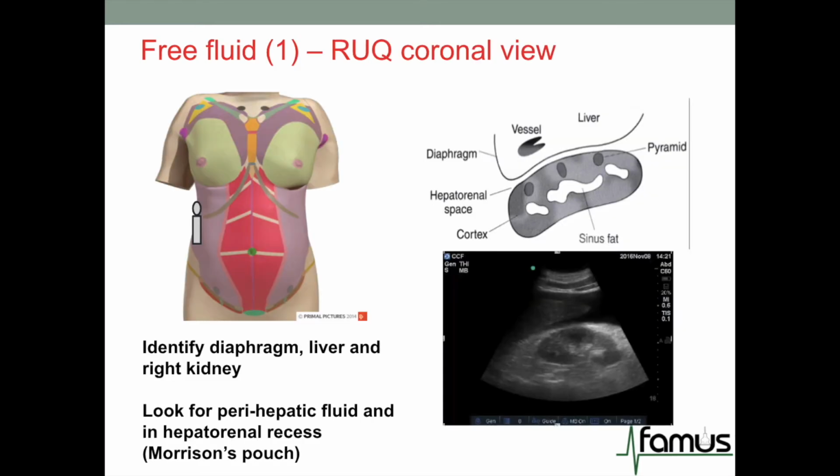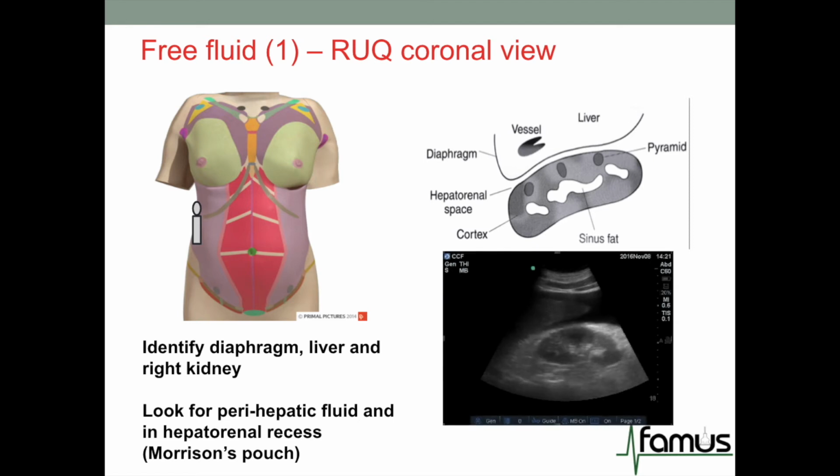In these slides, we see how the probe is positioned on the right side of the abdomen, in the coronal position that can be even intercostal. Actually, it is intercostal.